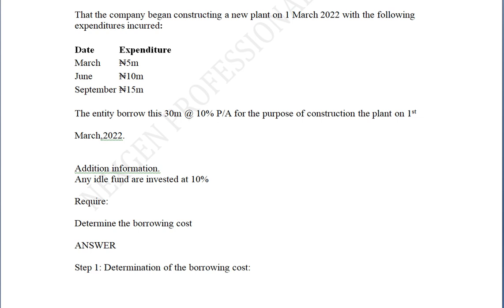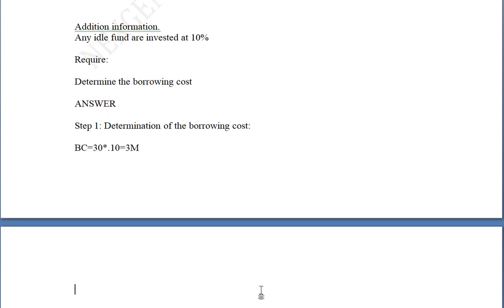So our borrowing cost, which is BC, will be equals to principal amount of 30 million multiplied by the specific interest rate of 10%. 10% of 30 is 3, so that is 3 million.